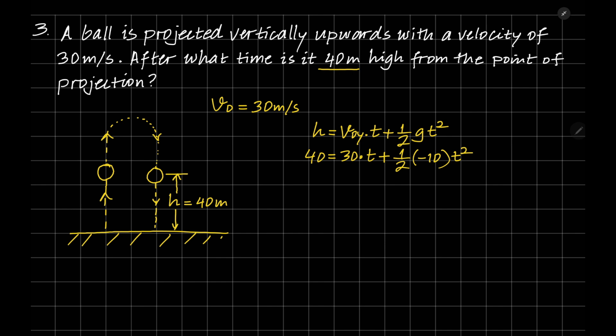And it is 40 equal to 30t minus 5t square, which implies that 5t square minus 30t plus 40 equal to 0. This is a quadratic equation. We need to solve it for the flight time.